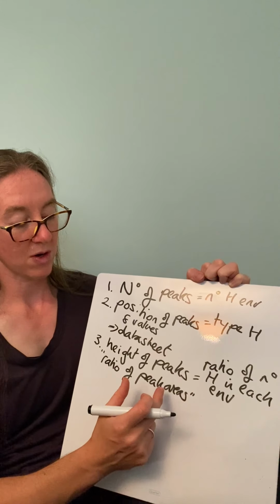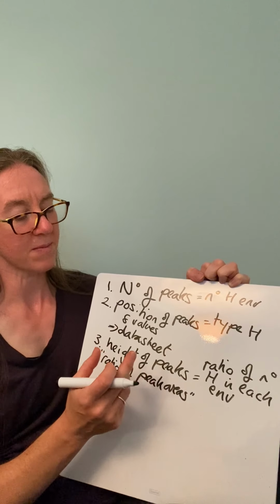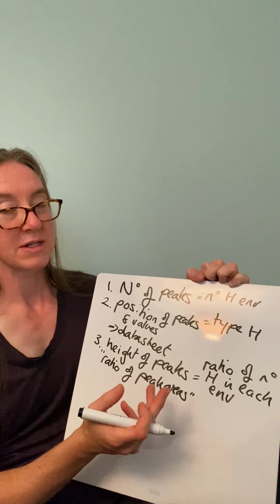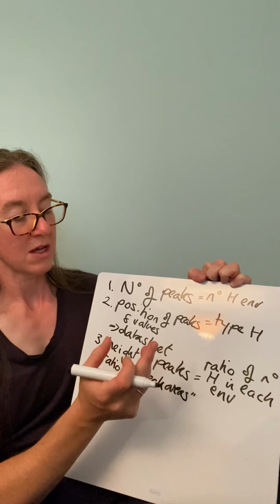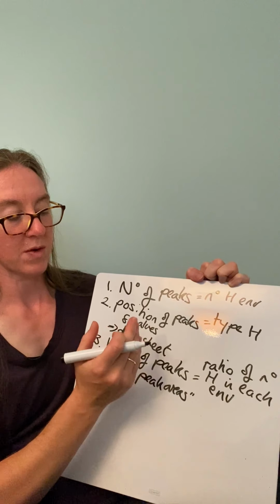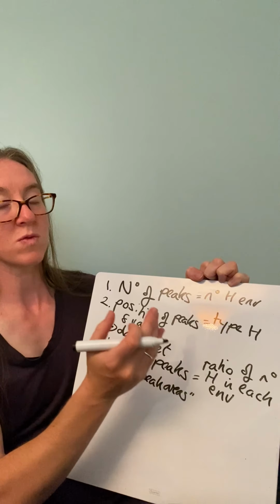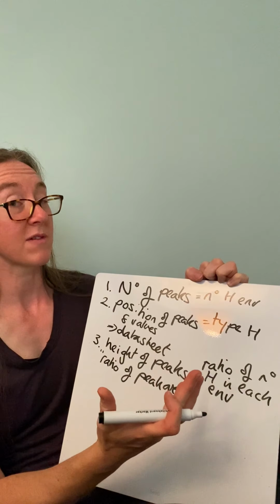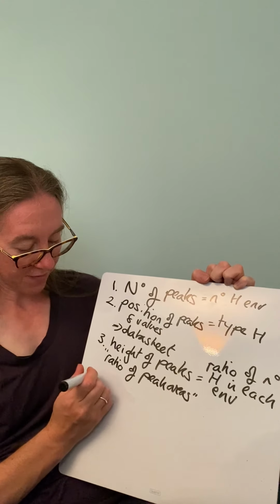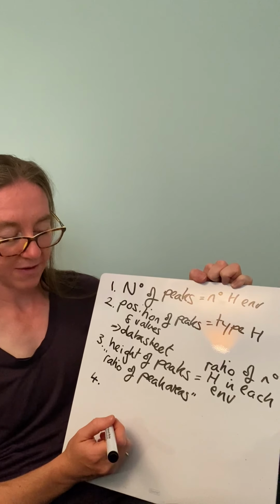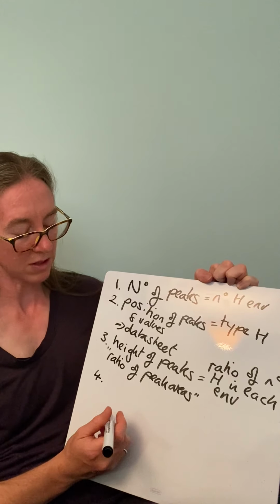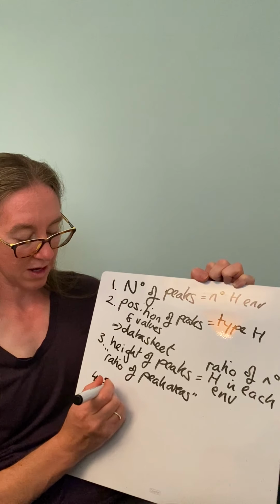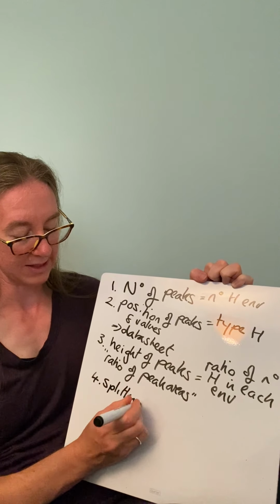If I've got a ratio of 3 to 1, I have to be a bit careful. I know the ratio of hydrogens is 3 to 1, but is it 3 to 1 or is it 6 to 2? Okay, so strictly speaking, it's a ratio. And then the fourth thing, which I'm going to cover in another video, so we're not going to do that today, is I can look at the splitting pattern.